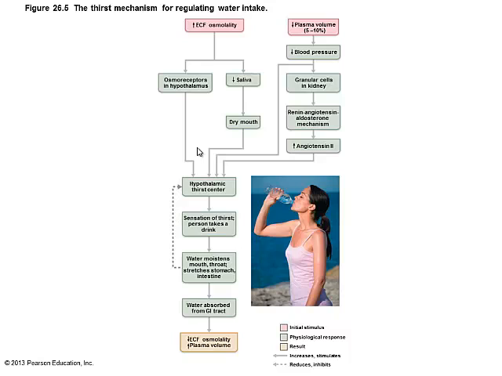Now, who monitors it and how? Yeah, central brain regions. How? They have osmoreceptors. So their job is to detect changes in osmolality. Osmolality of what? Solutes. No, blood.